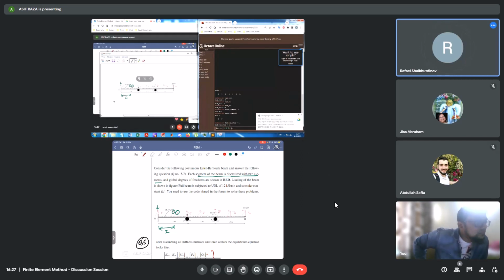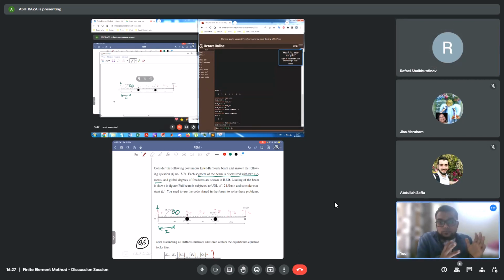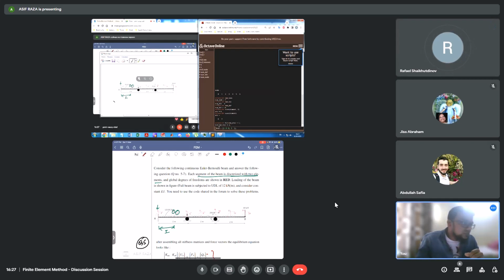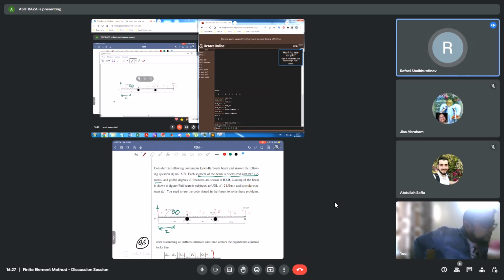We need to choose nodes. First is the node number, and next is transverse. Transverse means vertically, how you are restraining it. The second will be the third node here. At the third node the transverse is restricted, zero. Rotation is not restricted.